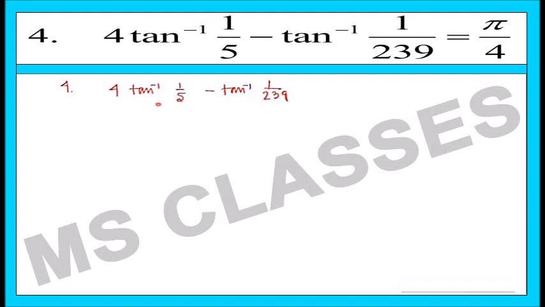Now we come to this one. 4 tan inverse of 1 by 5 minus tan inverse of 1 by 239.